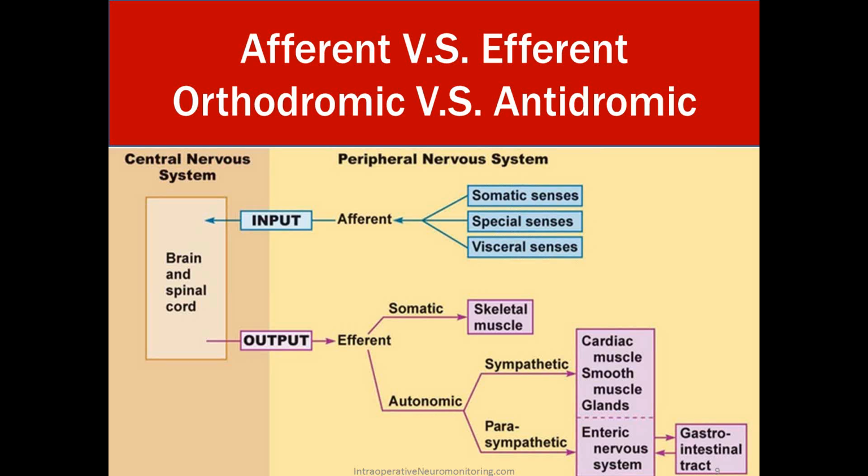The reverse is the opposite. So if we have a motor output or a motor transmission going on a sensory axon, then that is also antidromic. So if it's going the wrong way, it's antidromic. So if a motor is going this way, or if a sensory is going this way, those are both antidromic.